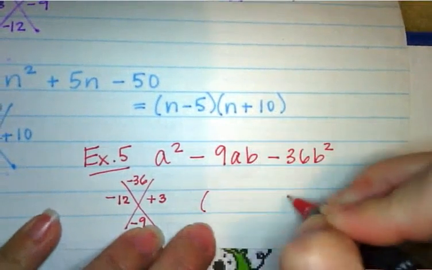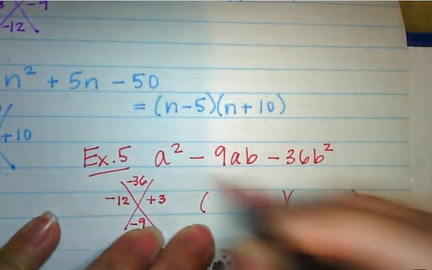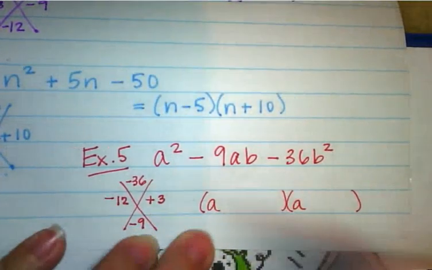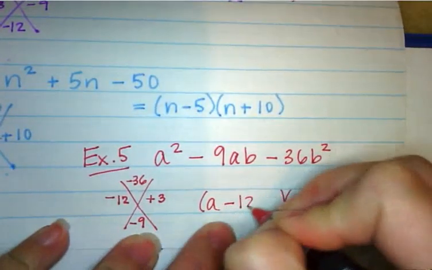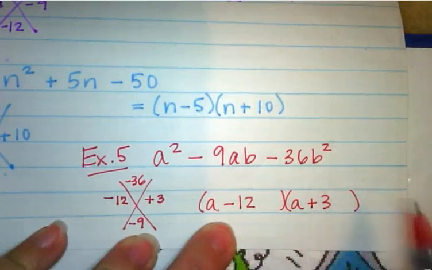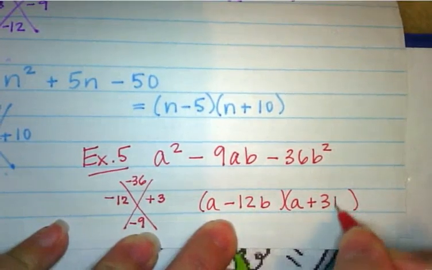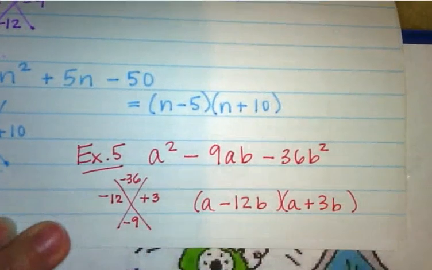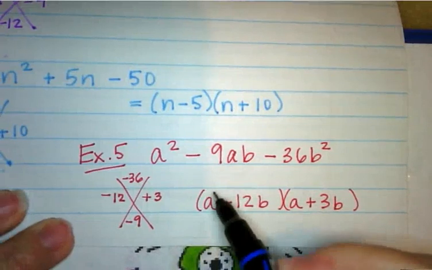Now, what's going to be different about this one is that in order to get a squared, we need a and a. And we just decided it was going to be minus 12 and plus 3. But we also want to get a b squared, which means we need 12b and 3b. And again, the way to check these problems is to FOIL them back together.